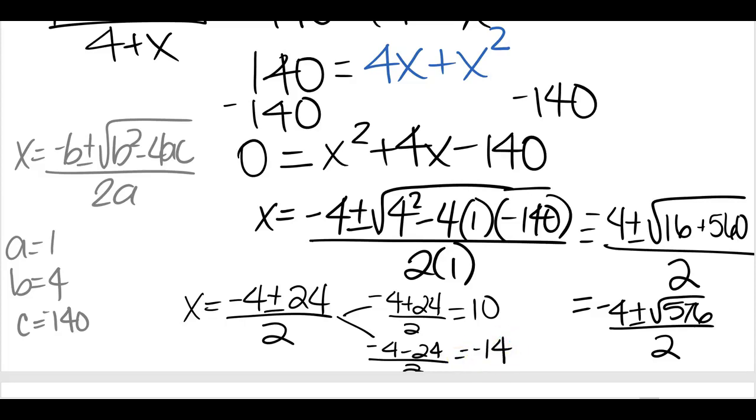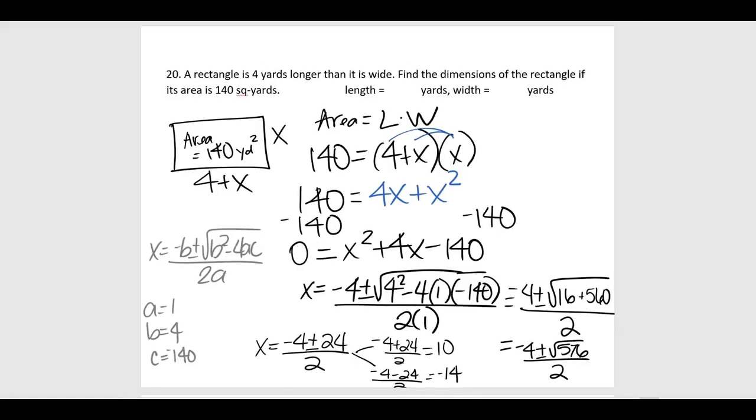So let's remember what this problem is asking us. It's asking for the dimensions. So in this case, what was the width? X. The width was x. So that means that now we have two solutions, 10 and -14. We're talking about an actual scenario that involves dimension, so we don't want to include the negative solution. We just want the positive one. Okay? So that means x equals 10.